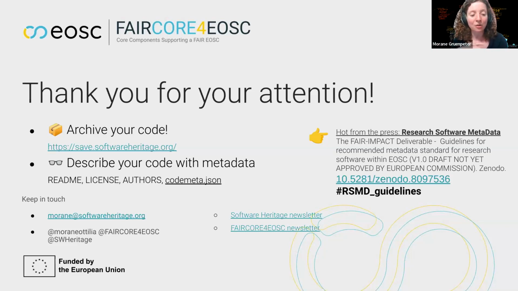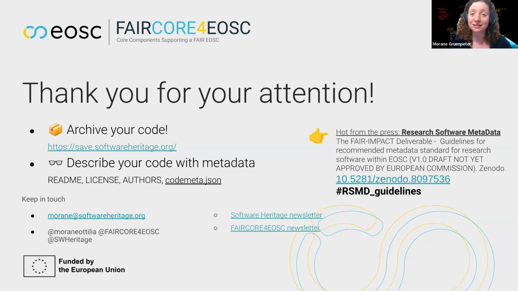A final note before I let you go is hot from the press. We have just released a first draft, which is not yet approved by the European Commission, in the FAIR-IMPACT project, called the Guidelines for Recommended Metadata Standard for Research Software within EOSC.